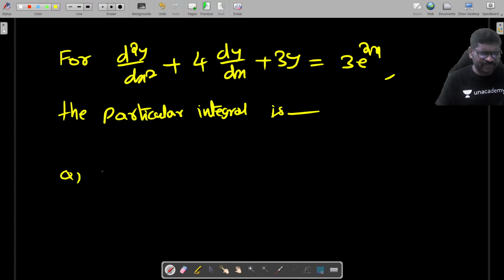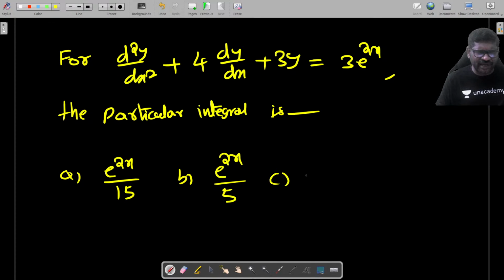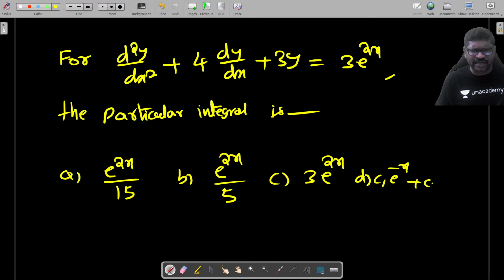First option e power 2x by 15, second option e power 2x by 5, 3 e power 2x, c1 e power minus x plus c2 e power minus 2x.